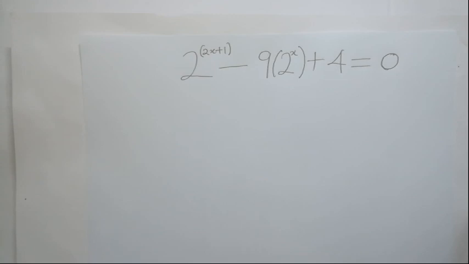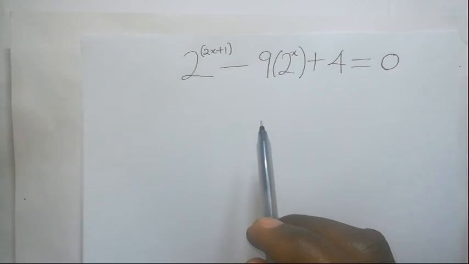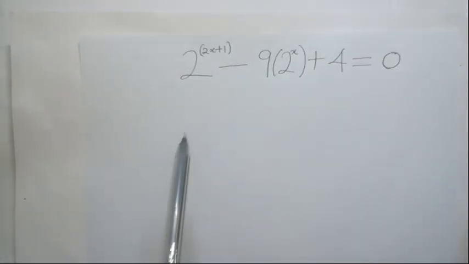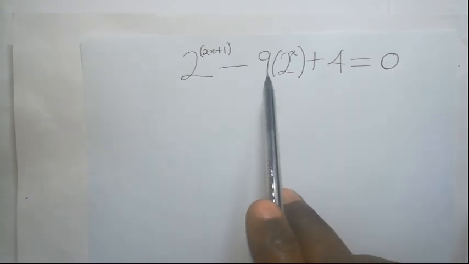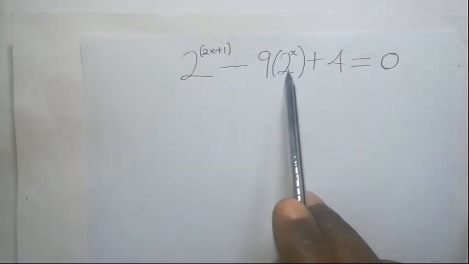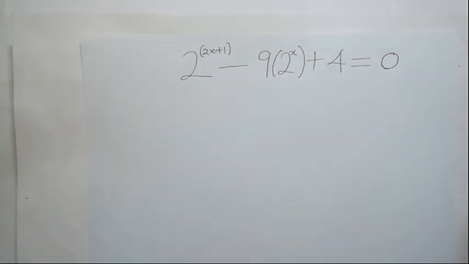Okay, today we are going to be looking at indices, but this time around it's a different form of indices. As you can see, we have 2 to the power of 2x plus 1 minus 9 bracket 2 to the power of x plus 4 is equals to 0.